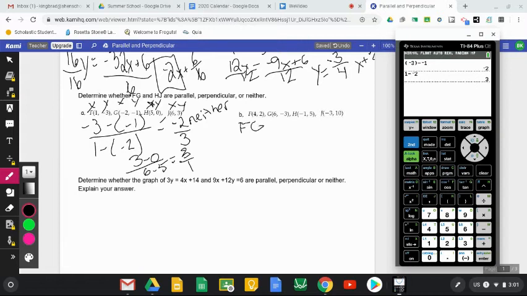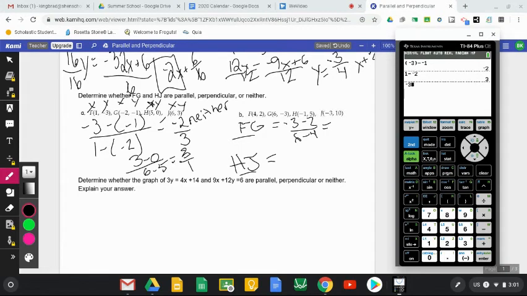Tell me the slope of FG. What is that? Now tell me the slope of HJ. What is that? All right, so let's quickly run through these. So FG, you should have done -3 minus 2 over 6 minus 4.